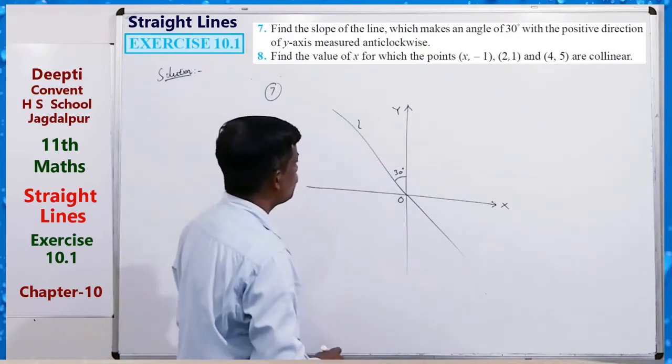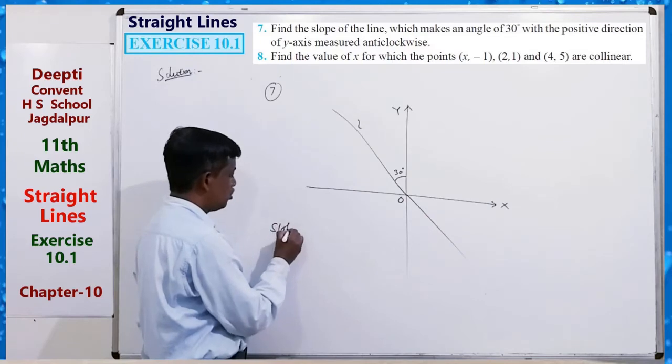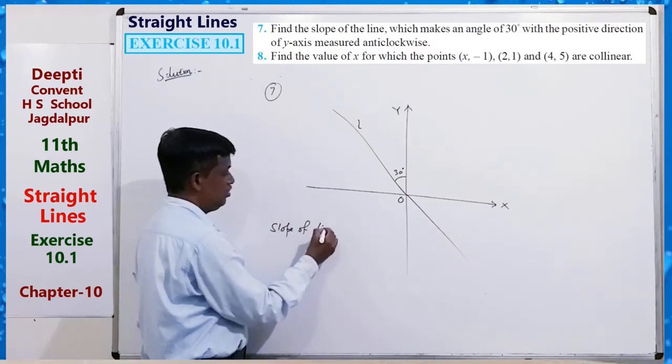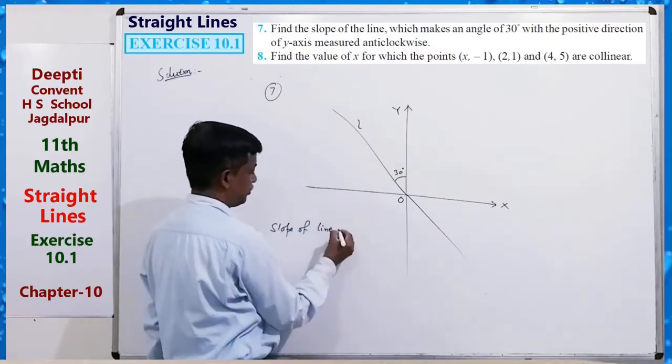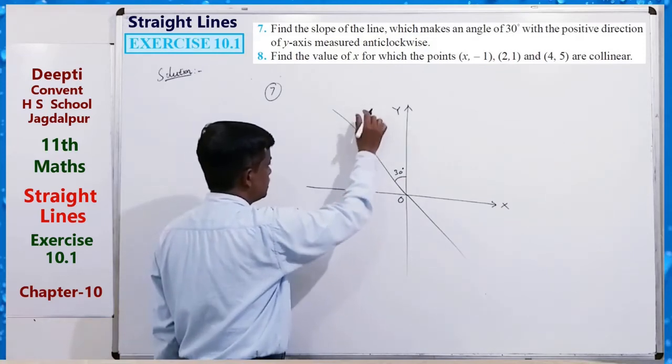For the slope of the line, suppose the line is AB.